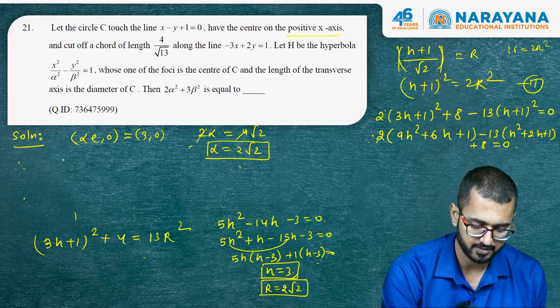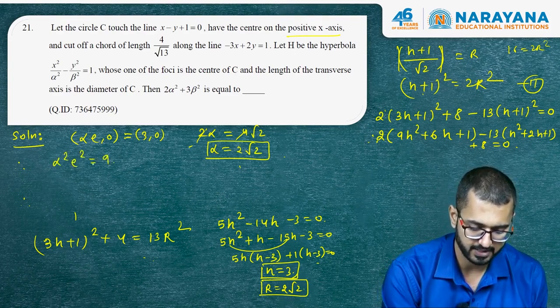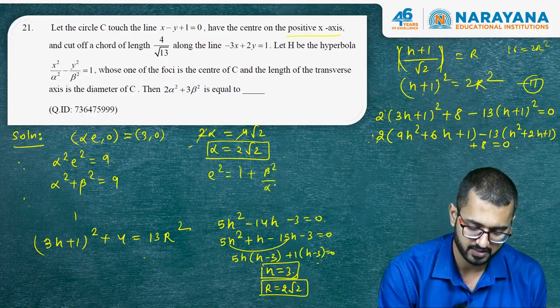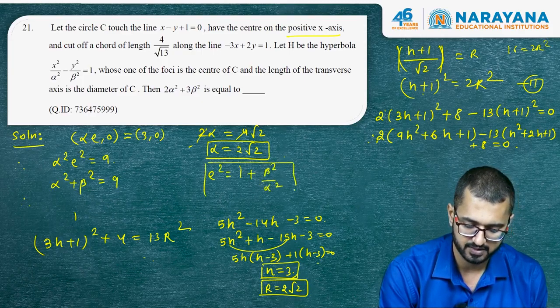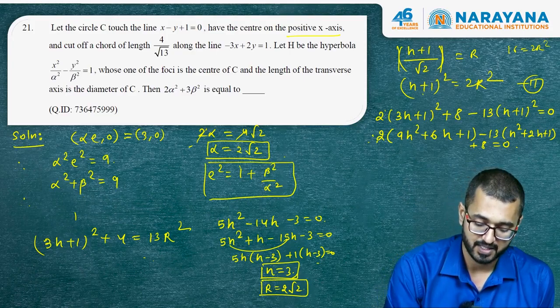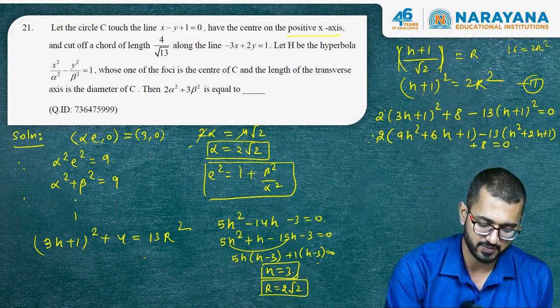And from here we'll square this thing. So α²e² will be equal to 9. Now α²e² can be written as α² + β² is equal to 9. Why? Because e² is equal to 1 plus β²/α². We know this, the formula for eccentricity. So we'll just plug in here, and I'll be getting α²e² is equal to α² + β². α² is going to be 8.